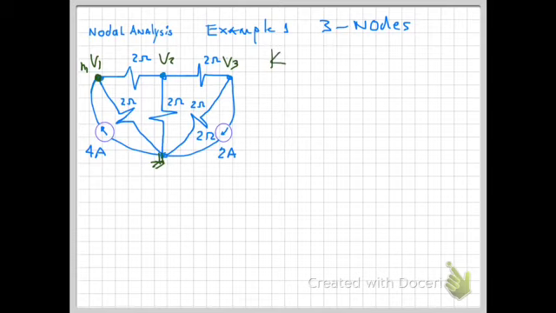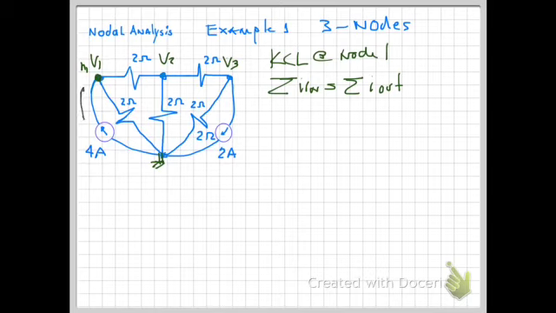So we're going to apply Kirchhoff's current law at node number 1. We're going to apply the summation of current going in is equal to the summation of the current going out. The current that goes in is 4 amps, equal to the current that flows out of the node through resistors. The first one is V sub 1 divided by 2. The other current that flows out of the node is V sub 1 minus V sub 2 divided by 2.